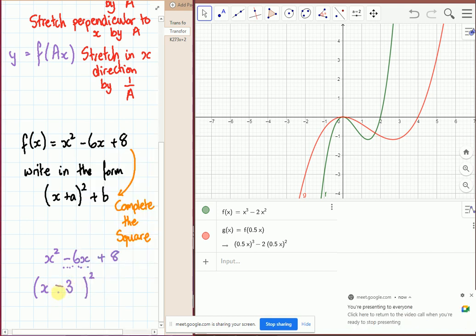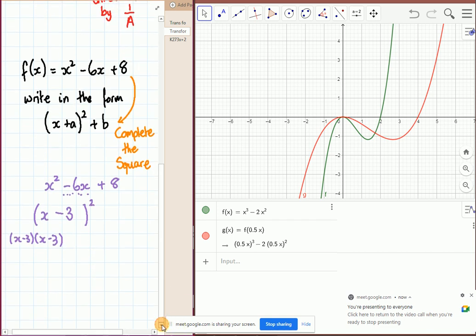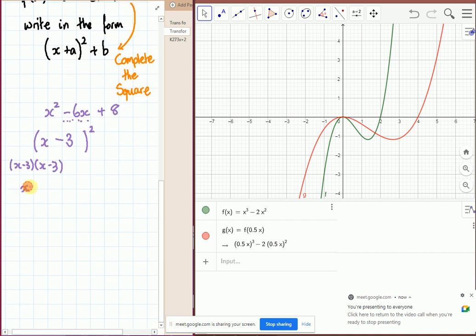Because if we think about multiplying this out, we get (x minus 3) times (x minus 3), which gives us x squared minus 3x minus 3x, well, there's my minus 6, but I also get a plus 9.